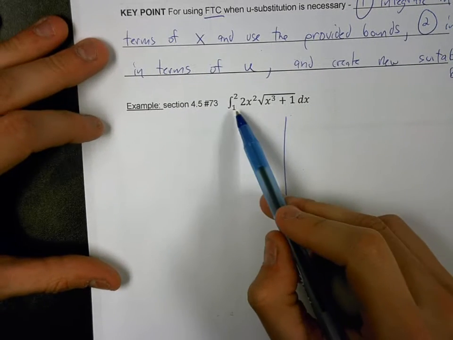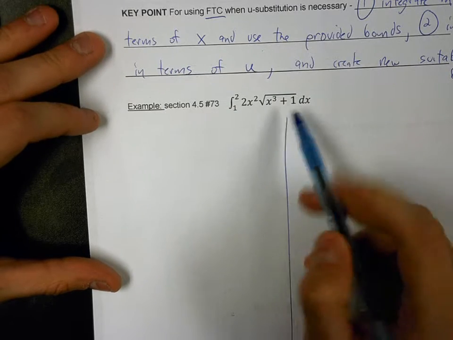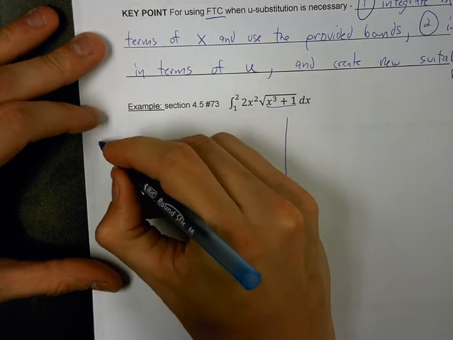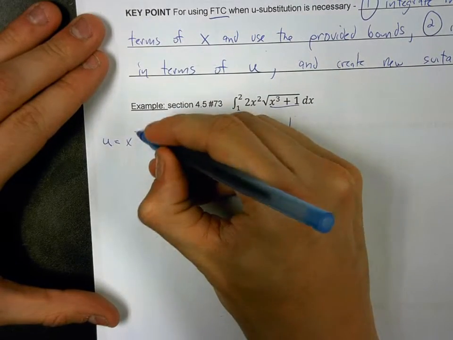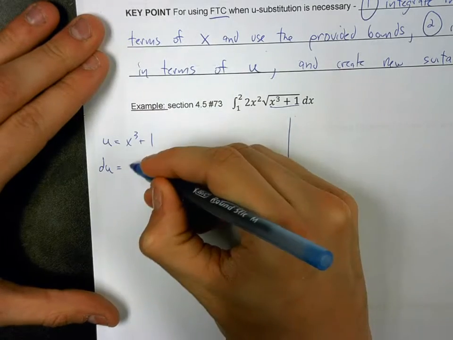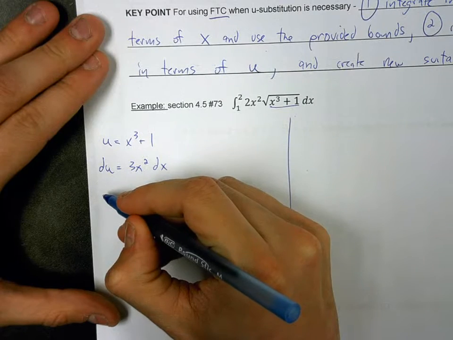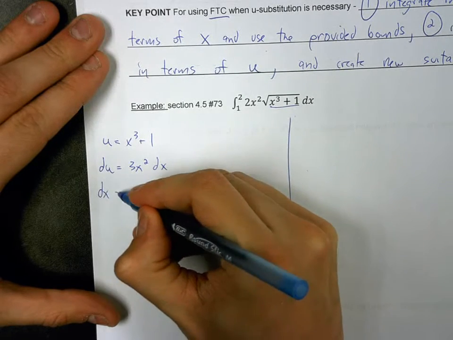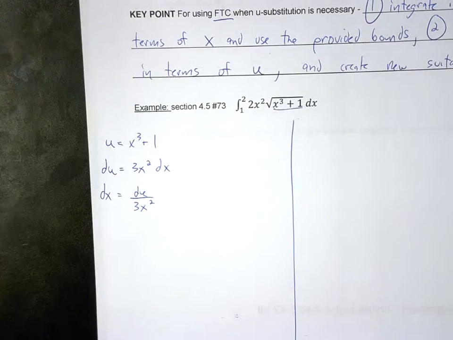So, regular problem, fundamental theorem of calculus, we need to use u substitution. Here's our u. So we still off to the side, u equals x cubed plus 1. The derivative of that is 3x squared dx, and dx is du over 3x squared. Okay?